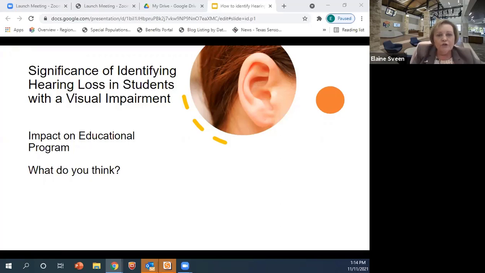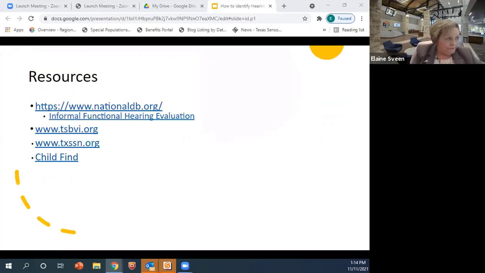All right. I'm going to go on to resources. The next page, there's a few resources. One of my favorite resources is the national db.org website. And I put an informal functional hearing evaluation that is in there.